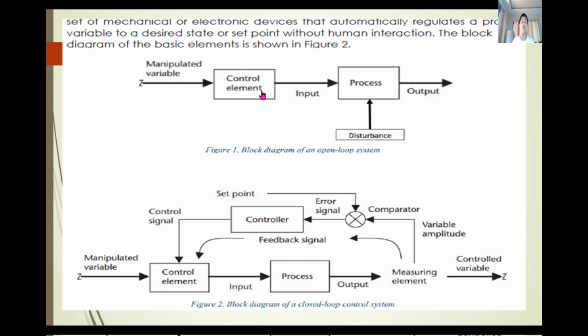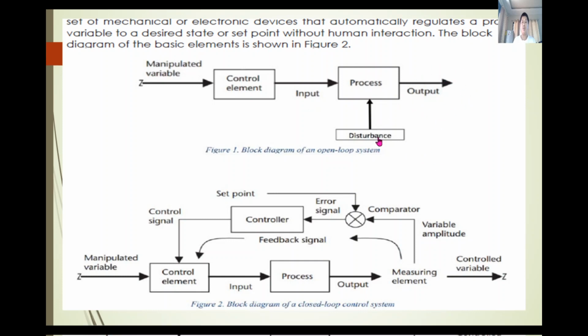So by the way, what is control element? It is the device that controls the incoming material, the process. So the input, the manipulated variable here, the parameter is being set to the controller and it's being detected by the control element. So there is an input, it's being processed to have the result here as an output.